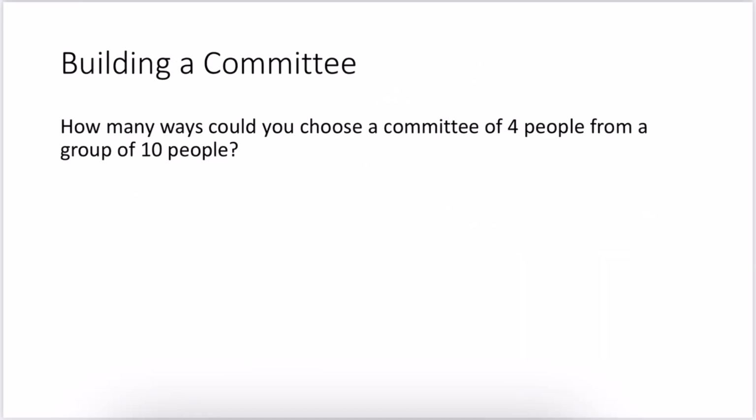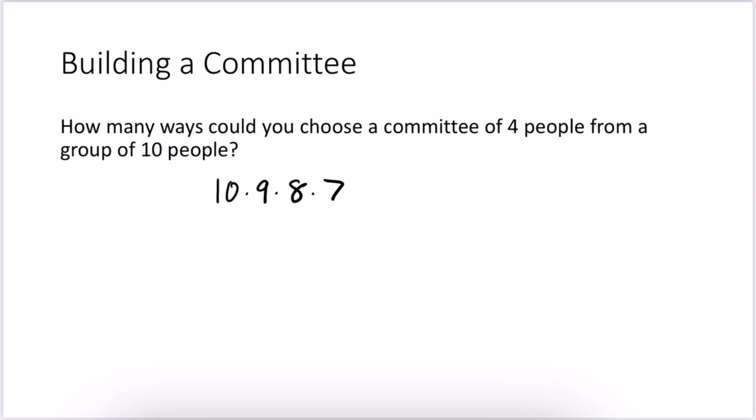So let's say that we were building a committee of 4 people from a group of 10 people. Well, if we were to draw a choice tree for this, it would be huge. But we know that the number of options in the choice tree is going to be 10 times 9 times 8 times 7. Because for the first choice of who's going to be on the committee, there's 10 different branches of the choice tree.